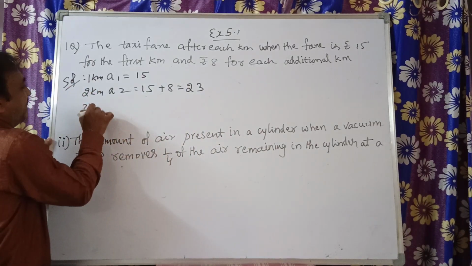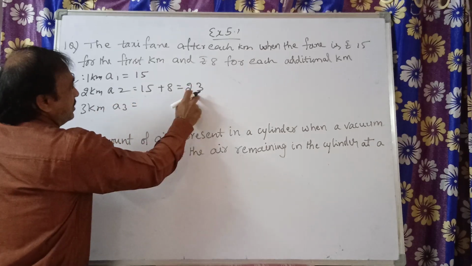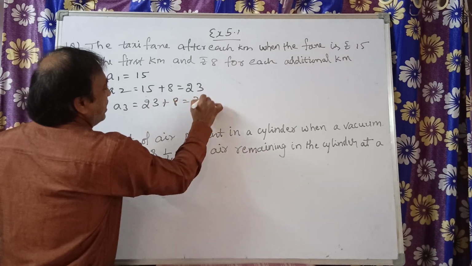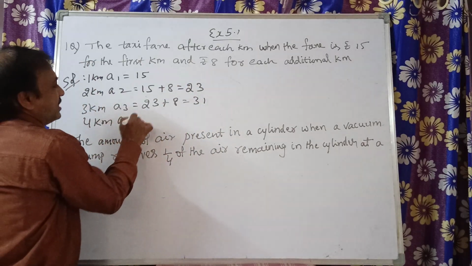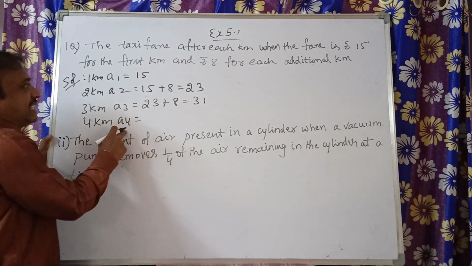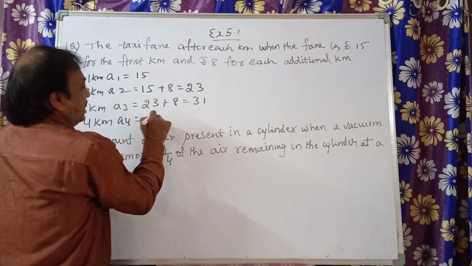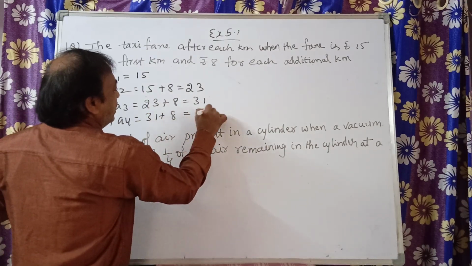Then third kilometer, A3, is 23 plus 8, which is equal to 31. Then fourth kilometer, A4, is 31 plus 8, which is equal to 39.